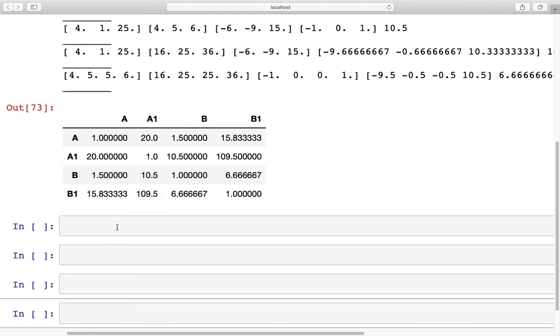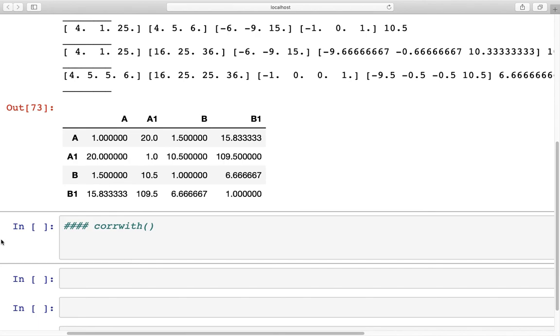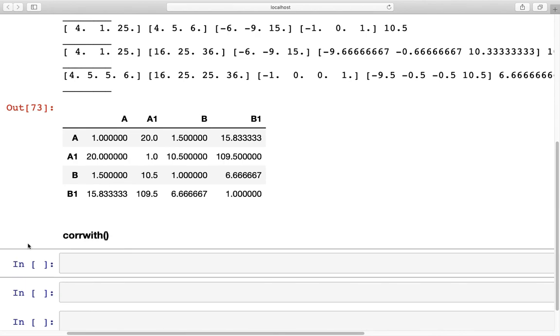Now let's look at another method, which is corrwith. In this method, if we have two data frames that have exactly the same column names and row labels, then we can use this particular method or function.